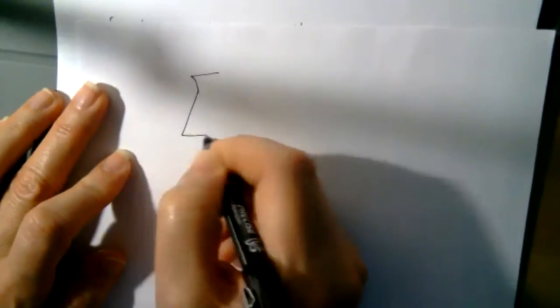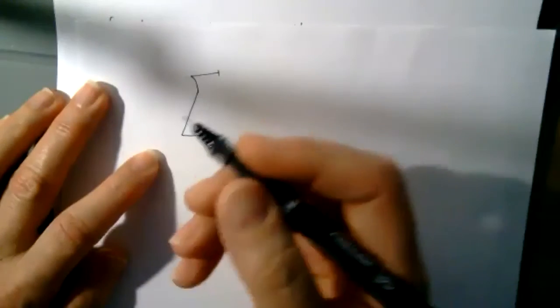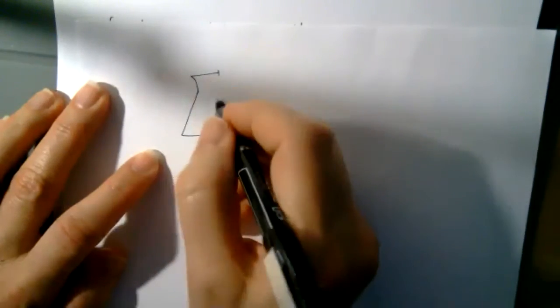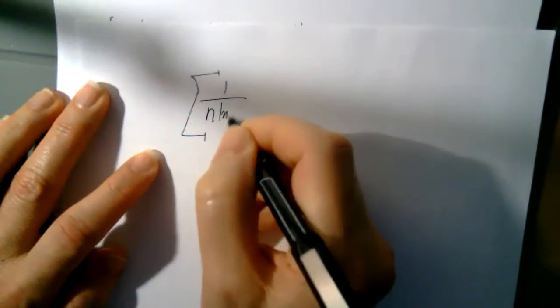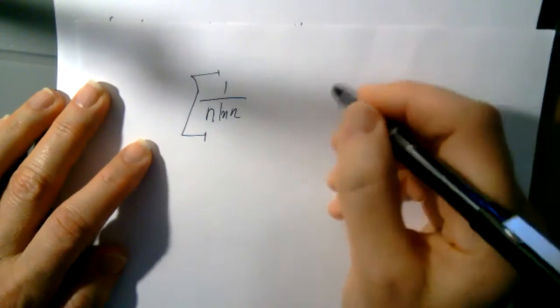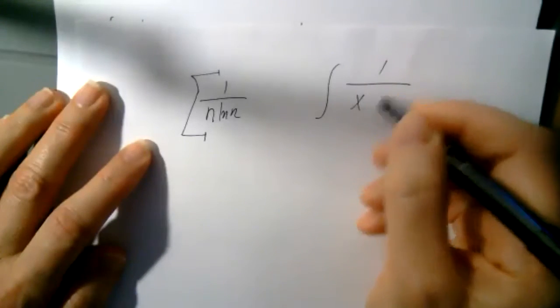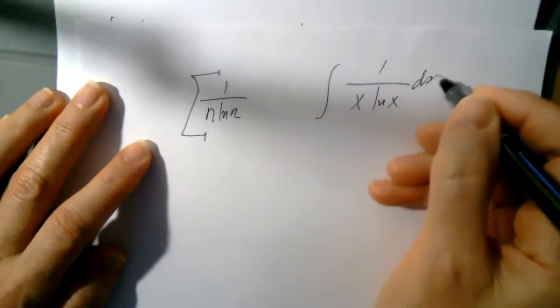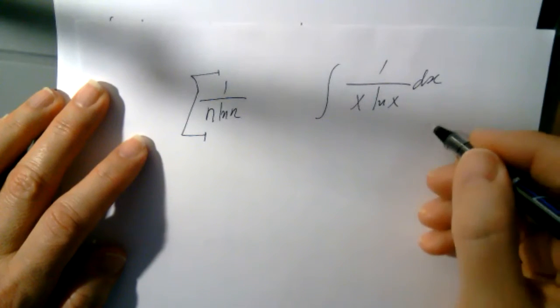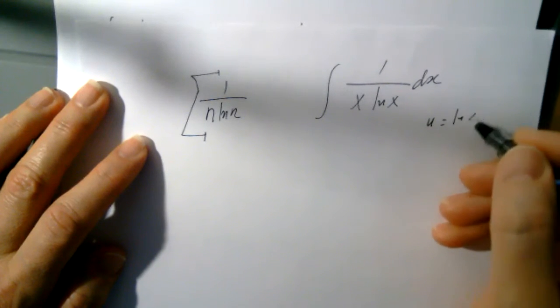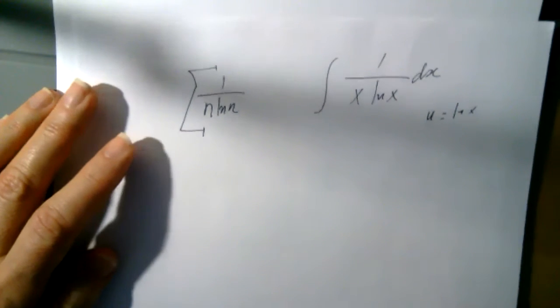So to use the integral test, we need to find the integral. If I give you, for example, the sum of 1 over n ln of n, you had to integrate 1 over x ln of x. But that was an easy integral.